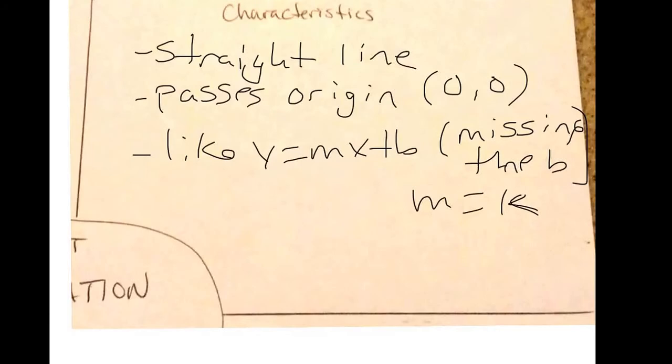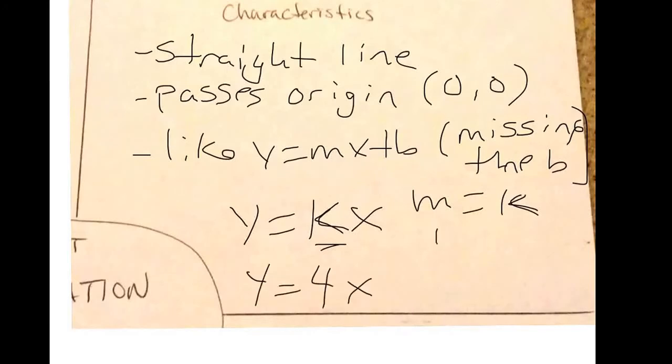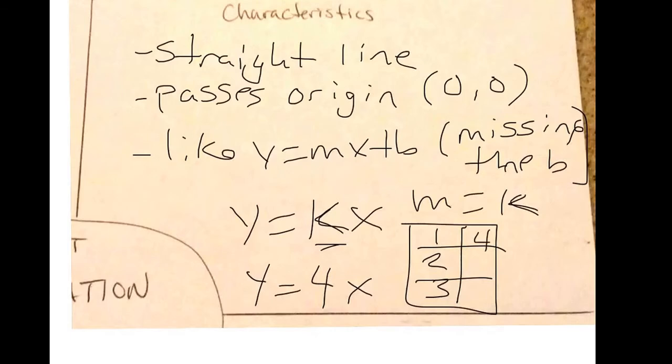So our equation, instead of y equals mx plus b, is y equals kx. K is called the constant of variation. In my first problem over there, it would be y equals 4x, because we're taking 1, 2, and 3, and all we're doing is multiplying those by 4 to become 4, 8, and 12. So 4 is my constant of variation.